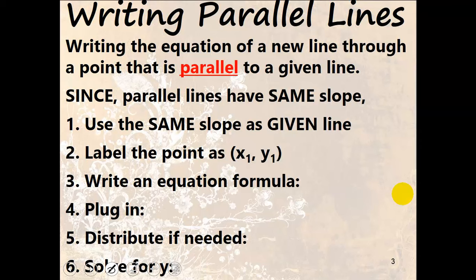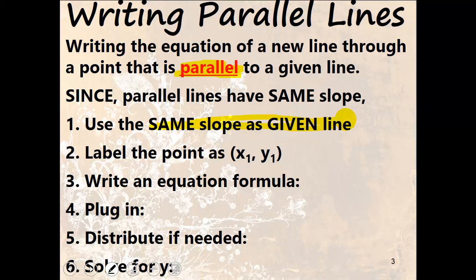So here's our strategy when we're working with parallel lines. We're going to use the same slope as the line that's given to us. The line can be given to us in many ways. It could be given in slope-intercept form, in standard form, or in 2 points.